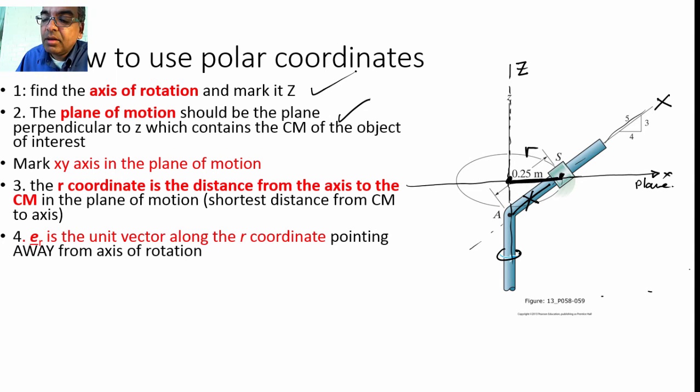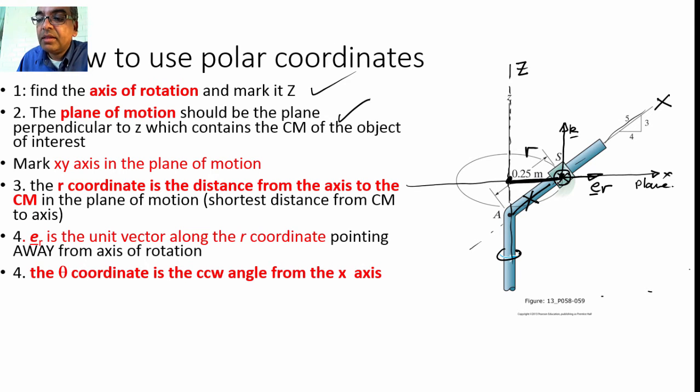Then this direction is called e_r. This direction is k. And e_theta is going to be inside the board. That's called e_theta. The theta coordinate, if I look at it from above, is going around in some kind of a circle.